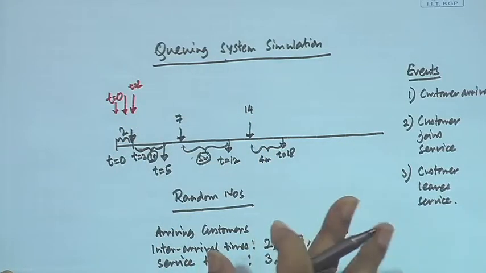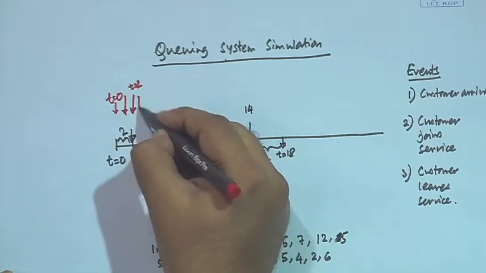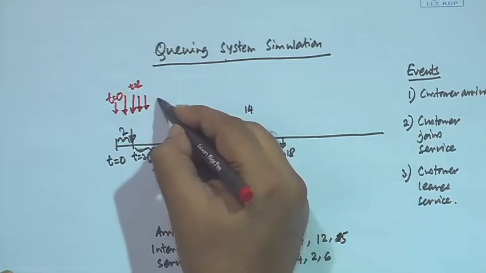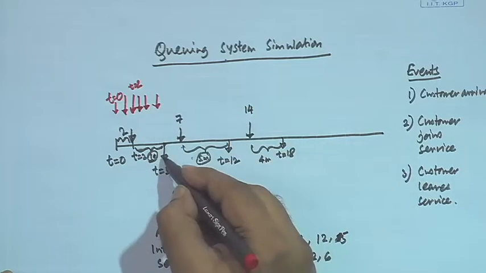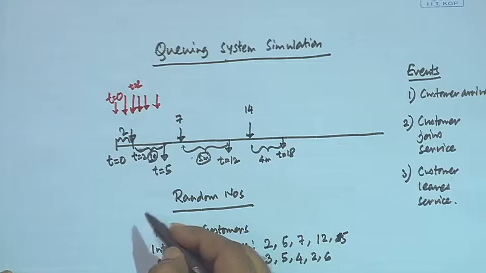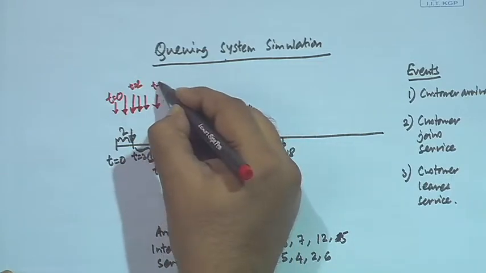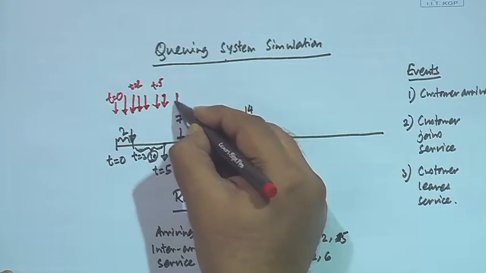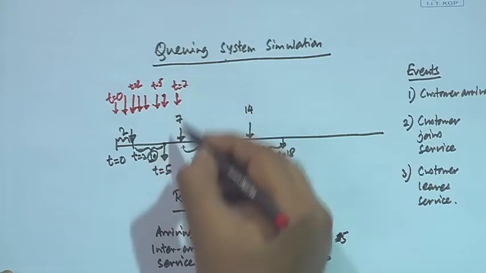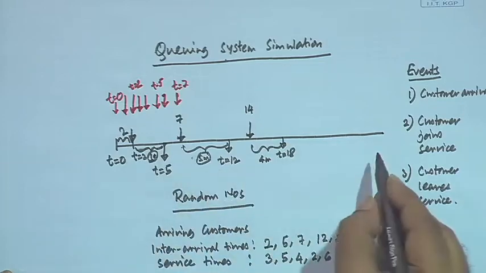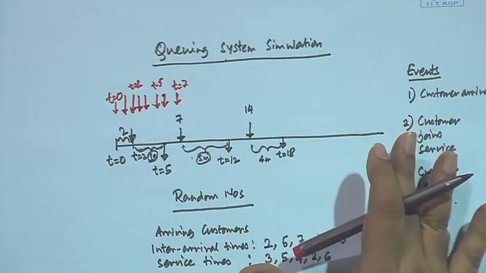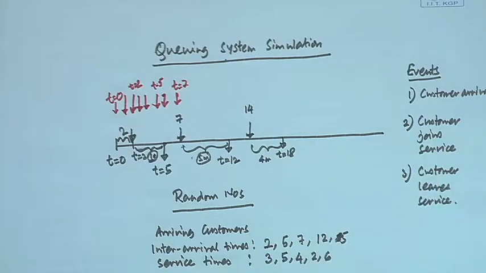Note that, t equal to 3, nothing happens, 4, nothing, t equal to 5, suddenly I find that customer goes out of service. So, this is t equal to 5. Then t equal to 6, nothing happens, t equal to 7, another customer has now arrived. So, if you keep tracking the system like this, that is called our fixed time increment method.